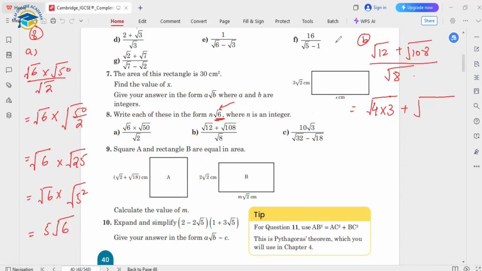Yes, this one is giving me a perfect square: 36 times 3 gives us 108. So that's why I'm using this, because the square root of 36 is going to give me a perfect square. And downward over here, we can make this 4 times 2.